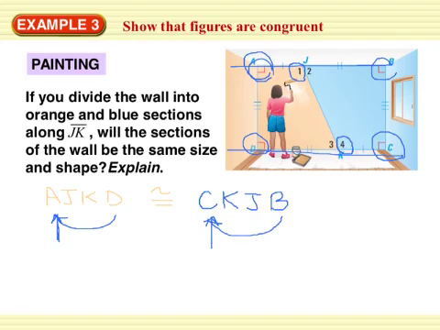So alternate interior angles say that 1 and 4 are the same. So this angle, and then these two angles are also the same because of alternate interior angles. And then D and B are 90 degrees. So all the angles are the same, all the sides are the same. You can say that these shapes are the same.